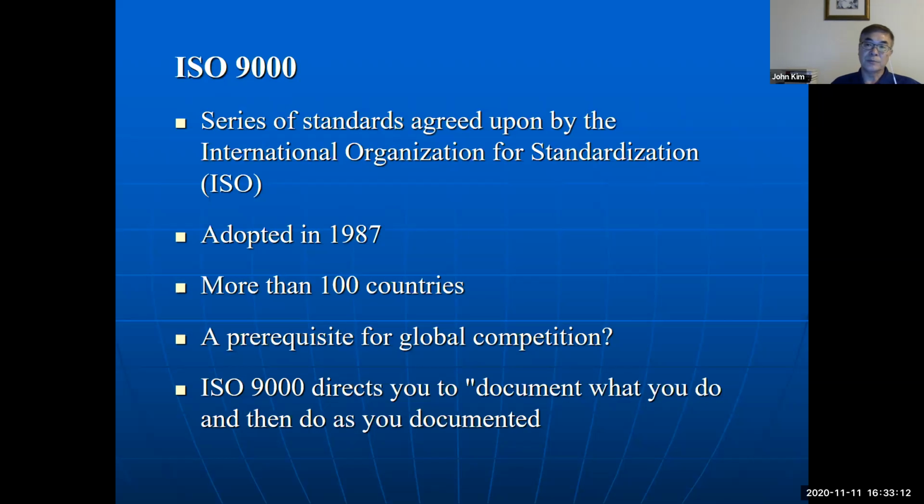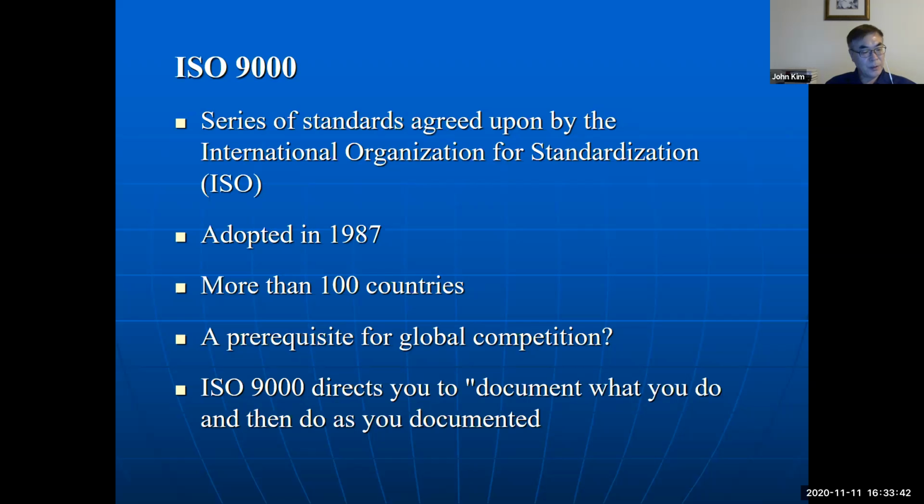ISO 9000. This one is the international standard. It's like a specification. So set a certain level, and over that level, then certify that it is good. So that is an international quality standard.